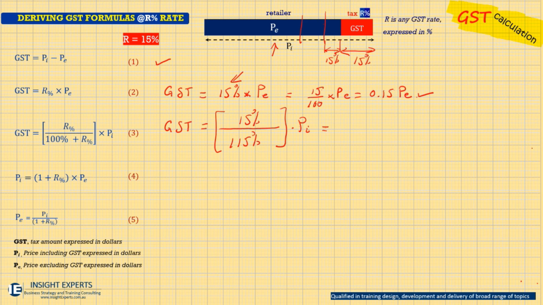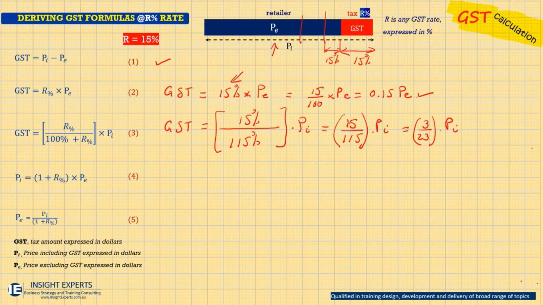That can be simplified into 15 over 115 times PI. You can take it one step further if you like. 15 over 115 is equal to 3 over 23 times PI. So that becomes the GST amount.